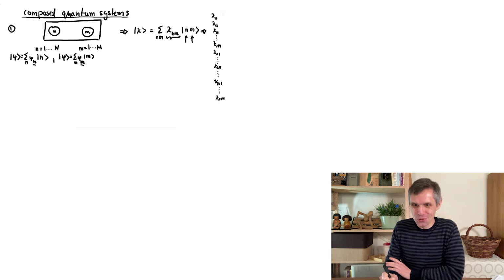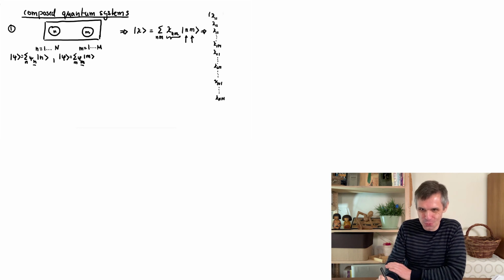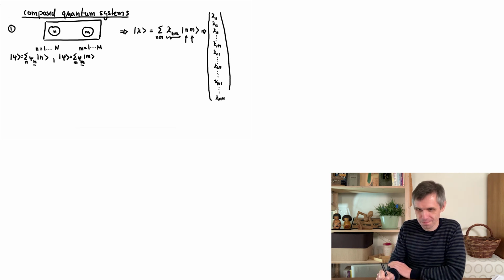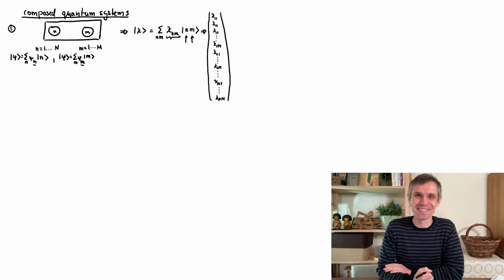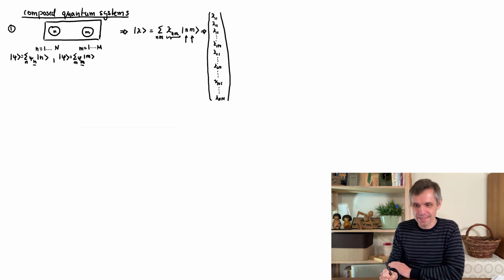This is a pretty huge vector, so let me try to group it into a vector symbol. You get the idea, this is a very large vector. Indeed, it has n times m components.